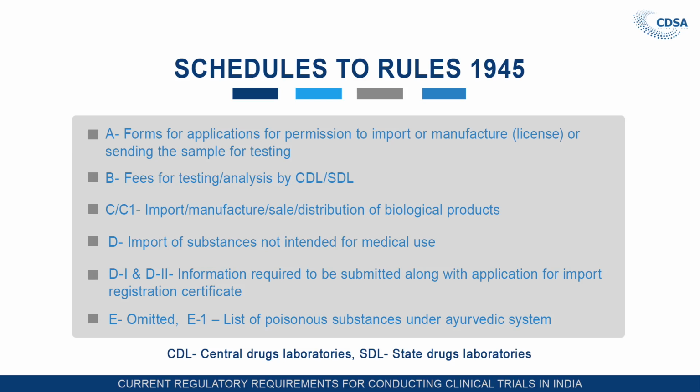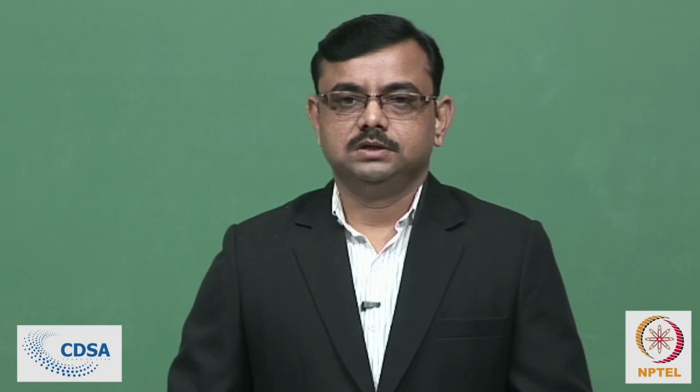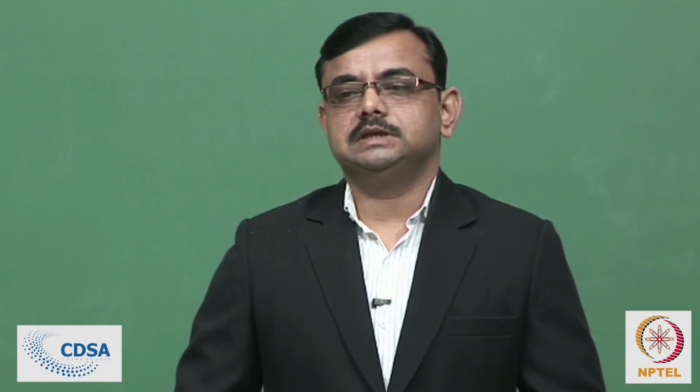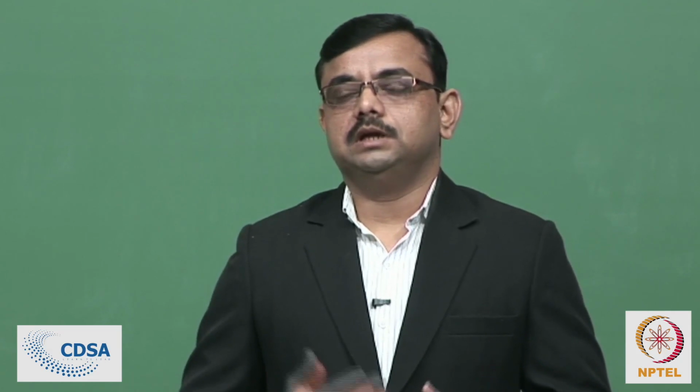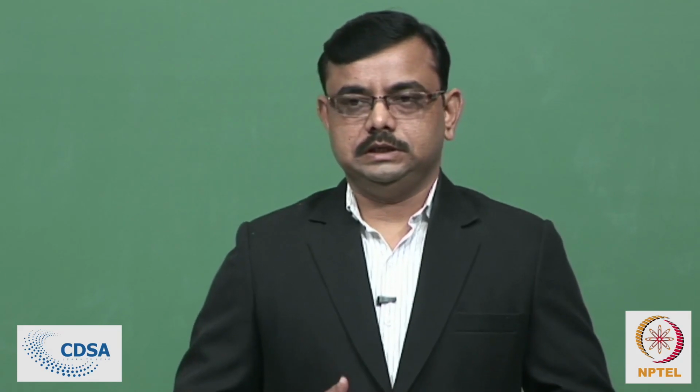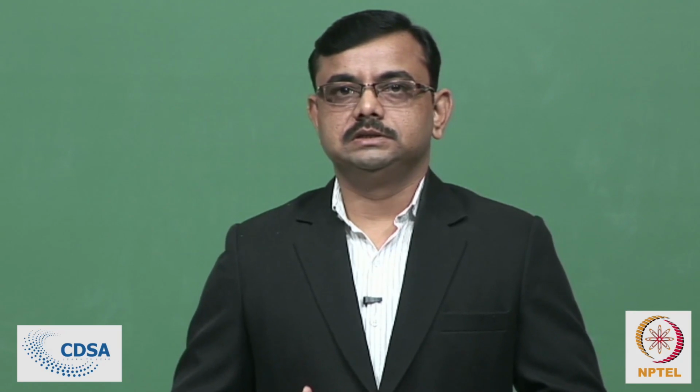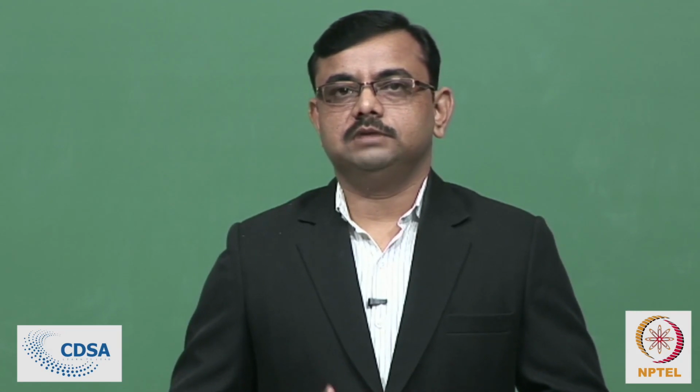Some of the substances which are not for medicinal use do not require permission from the licensing authority. Which are these substances which do not require permission from the licensing authority for import is given in this schedule. The substances like oats, then lactose, then cereals, pepper, ginger. So all these which do not require permission are given in this Schedule D.